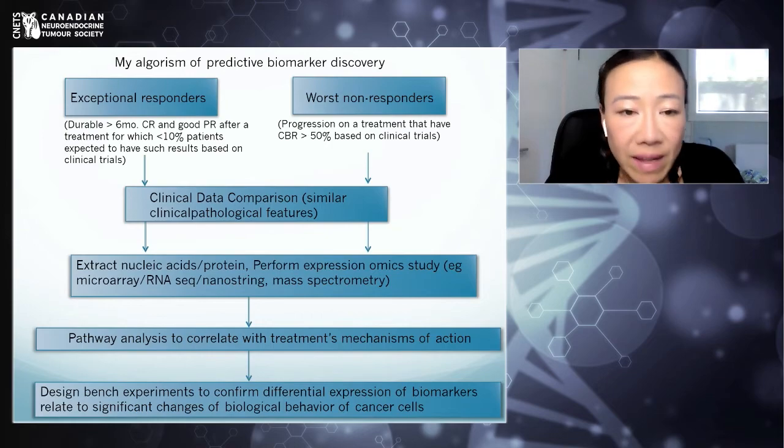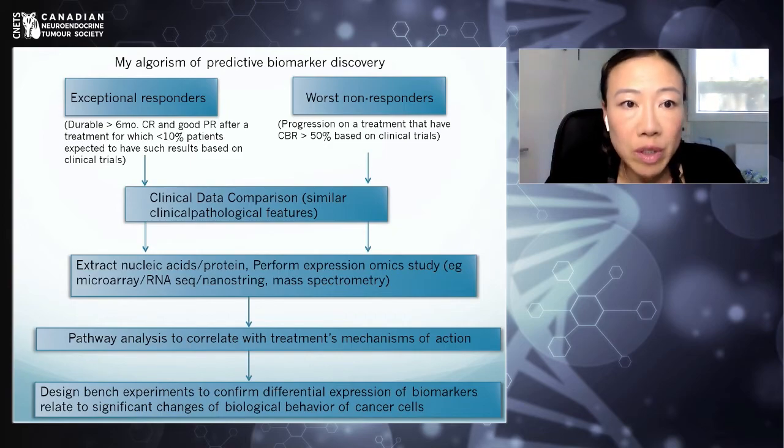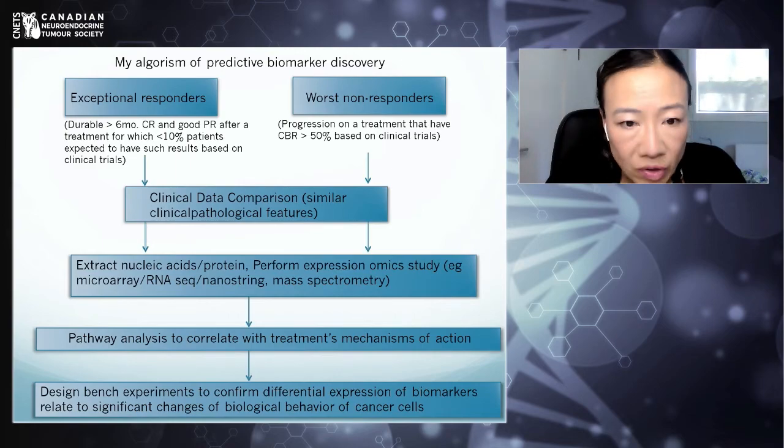Do some fancy tests called omics studies, and figure out whether there is any potential biomarker that can indicate why this patient will respond to treatment exceptionally well but not the non-responders. Then go back to basic science and bench work to figure out if this makes sense from a mechanistic perspective.